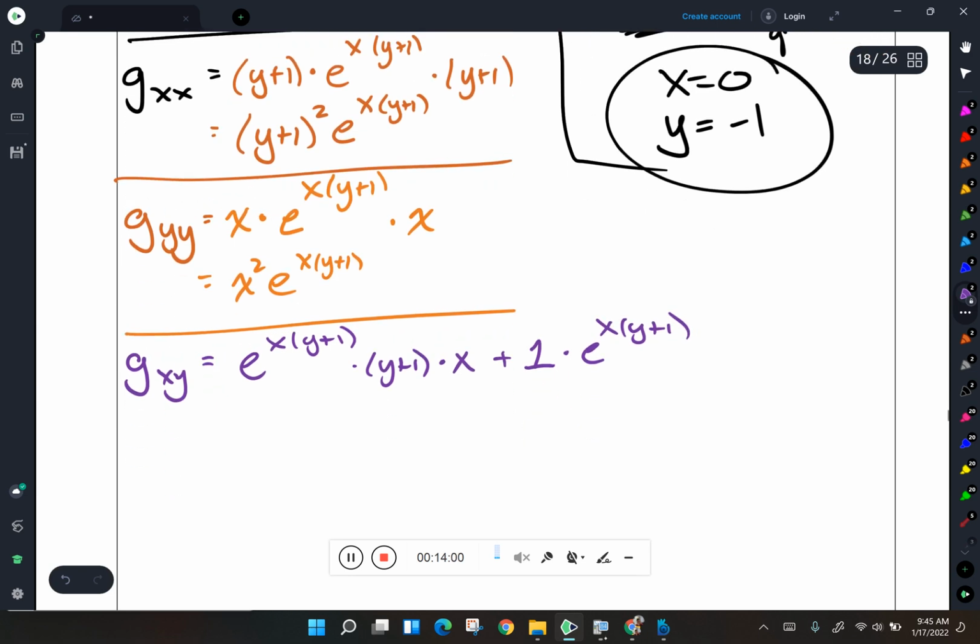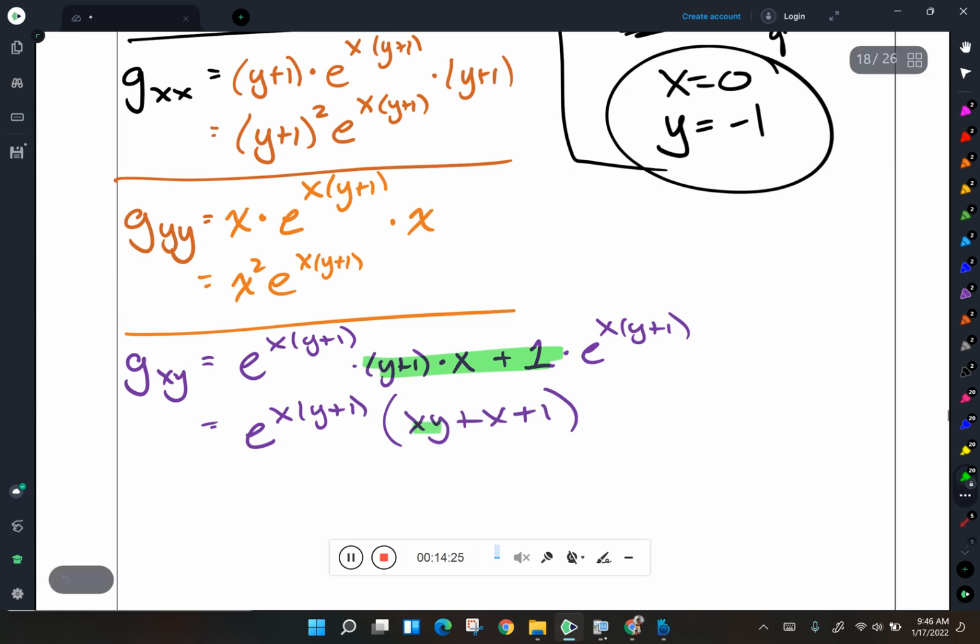Let's see if I can clean this up a little bit. Is this e to the x times y plus 1 times xy plus x plus 1. Okay. All of this, distribute, gather it up, factor out the e to the x, gives me this right here.